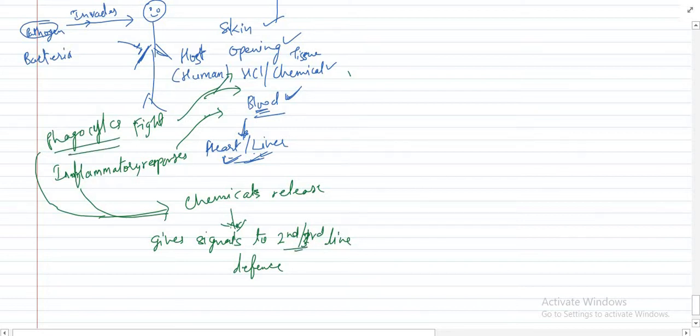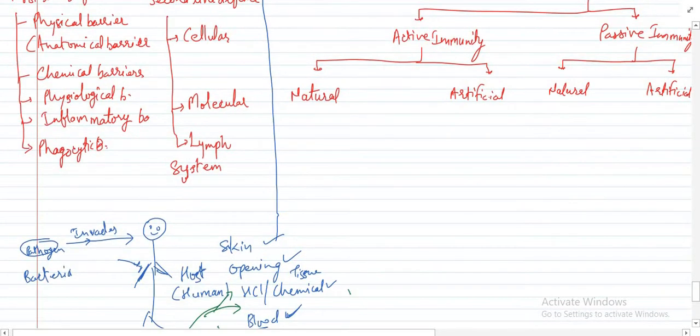There are some cells contained under the secondary response, like phagocytes and NK cells, right? There are lots of types of cells present here, and some molecules released by these, like chemical signals, and it might be chemokines.